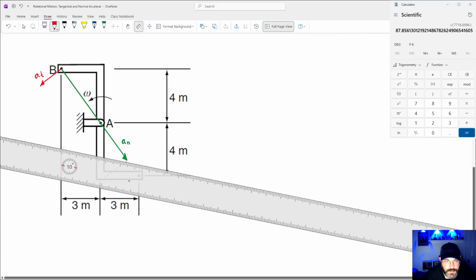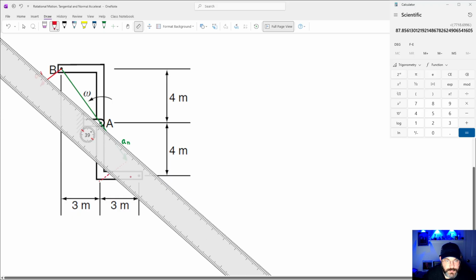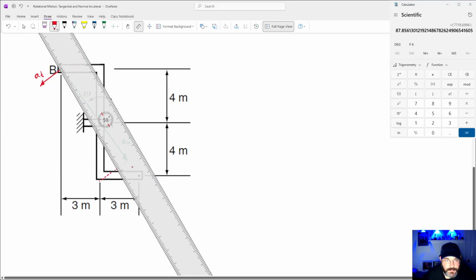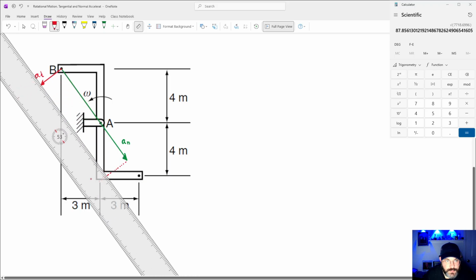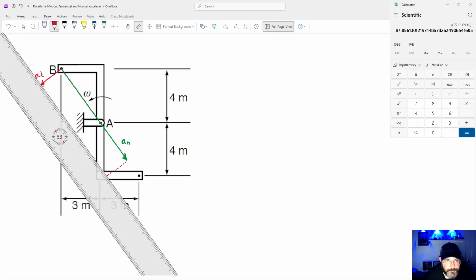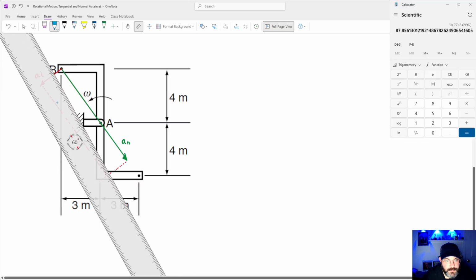So now let's draw the resultant, and this is going to be total acceleration, right? The result of addition of these two vectors. So here, let's maybe draw it with this color.